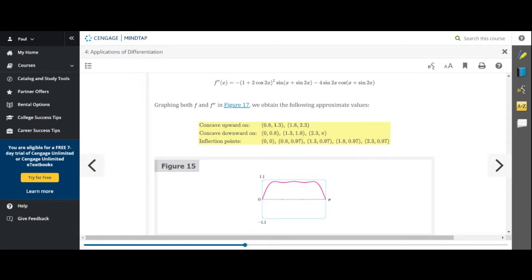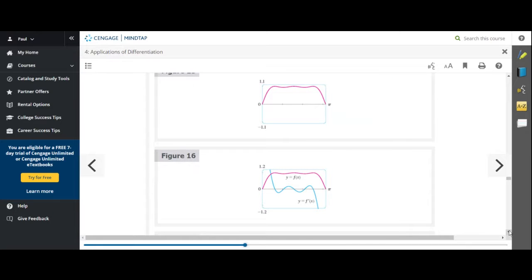So there have to be, let's see, 1, 2, 3, 4, 5 inflection points, right? There have to be 5 inflection points. And the question is, what are those inflection points? Well, the inflection points are where your second derivative equals 0.